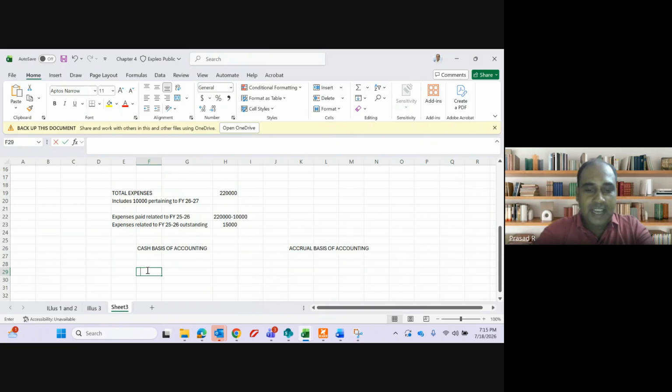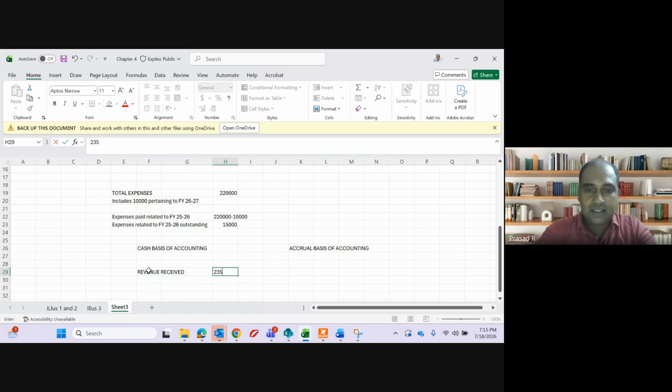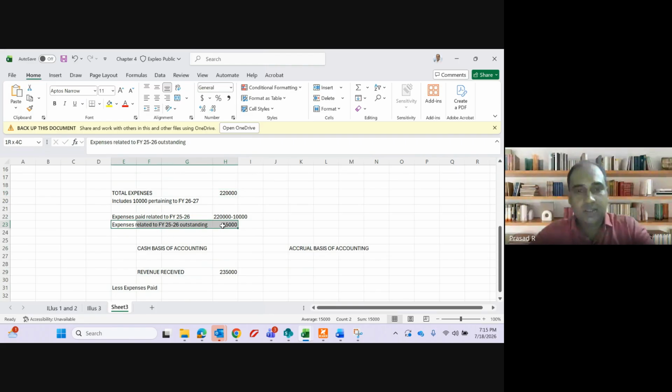So revenue as per cash basis is how much? Revenue received is how much? 2,35,000 is revenue received. Less expenses paid. My total expenses is 2,20,000. Expenses not paid is 15,000.